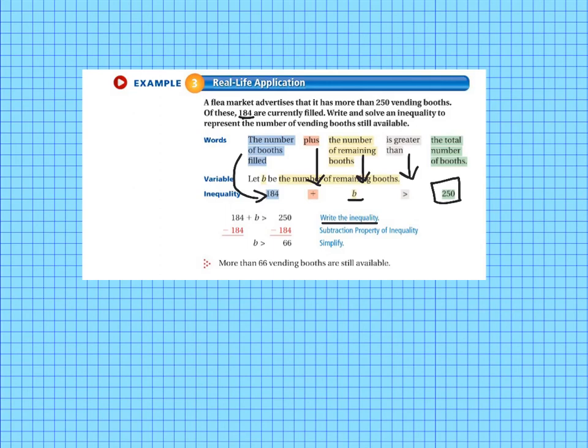So we're going to subtract 184 from both sides because we want that B by itself, and 250 minus 184 is 66. 184 minus 184 is 0, so that leaves us a B on the left. So we have B is greater than 66. So more than 66 vending booths are still available.